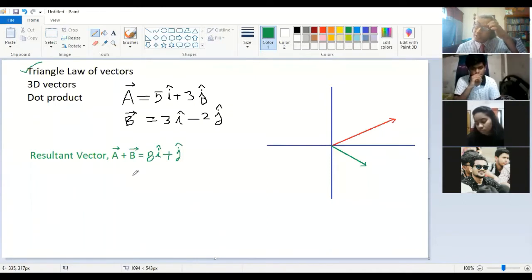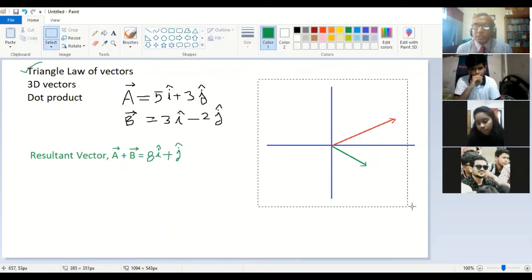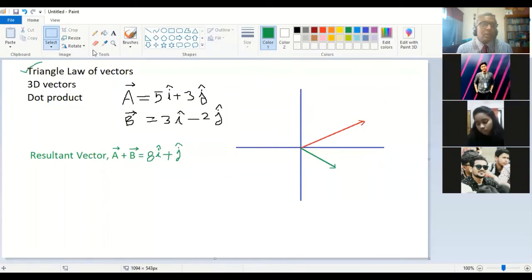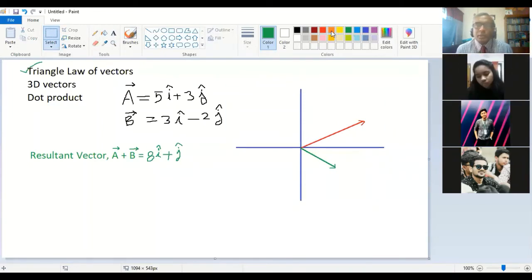Now the point is, if you want to draw this on the figure, what will your figure be, what will the drawing be? In that case, you can easily understand this will be 8 units right and 1 unit up. This is very, very simple.